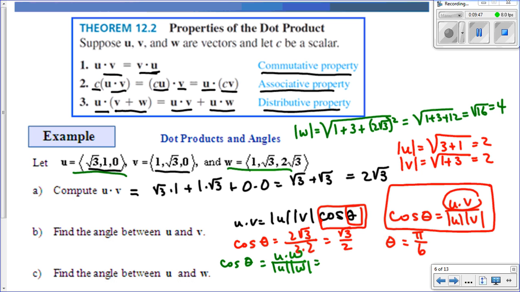So u dot w will be the product of the components, so the square root of 3 times 1 plus 1 times the square root of 3 plus 0 times 2 times the square root of 3, over the magnitude of u, which is 2, times the magnitude of w, which is 4. So we have 2 times the square root of 3 over 8, which is the square root of 3 over 4.